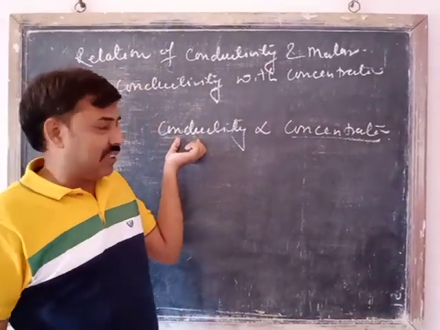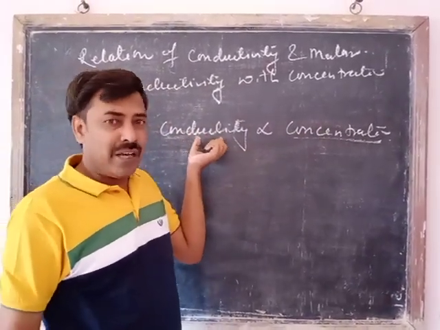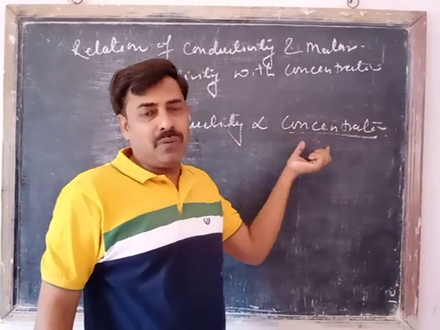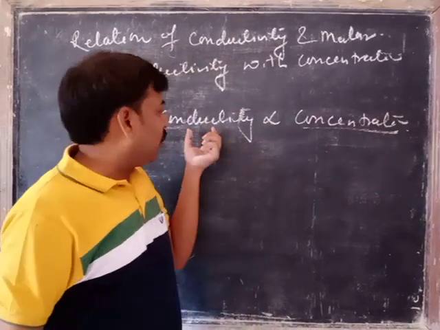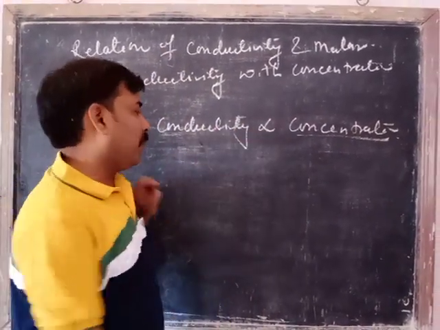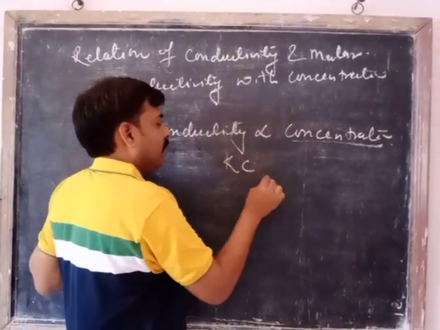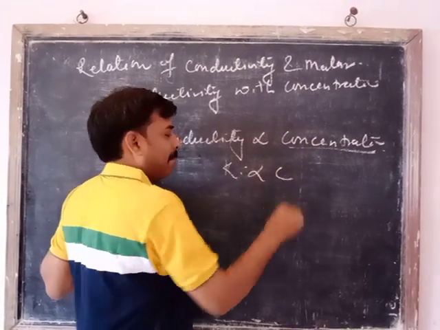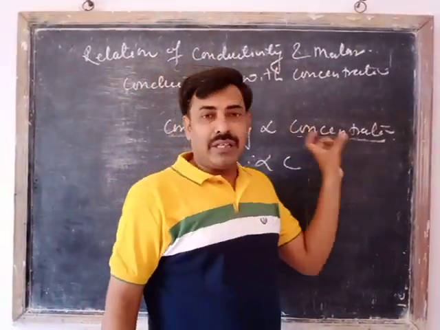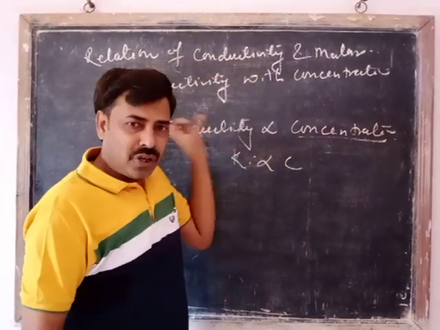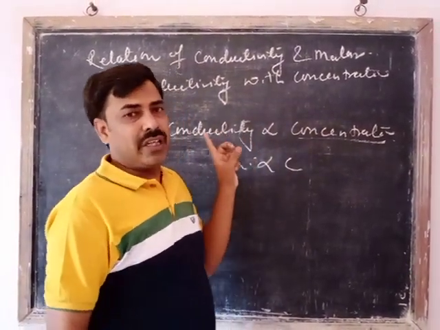You can easily see this. By increasing the amount of electrolyte in any solution, you will find that the conductivity increases. So simply you can say that kappa is proportional to C. That means the conductivity increases with the increase of concentration, but that is not the same in the case of molar conductivity.